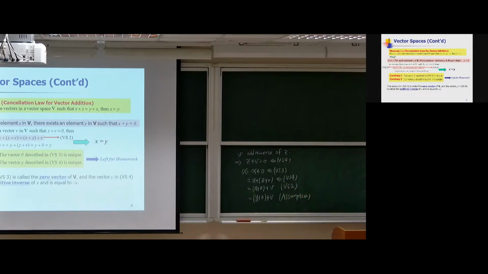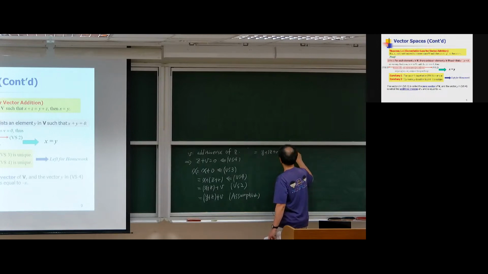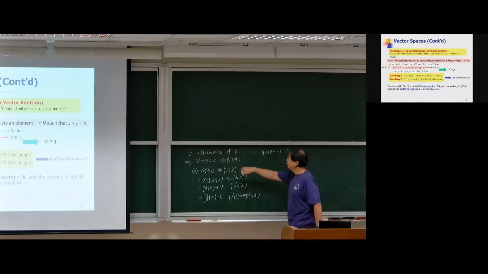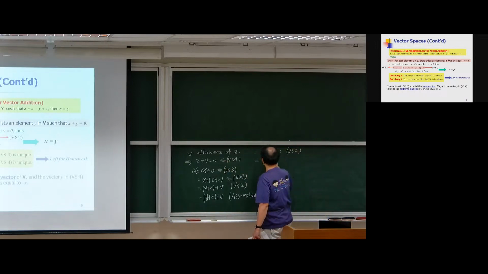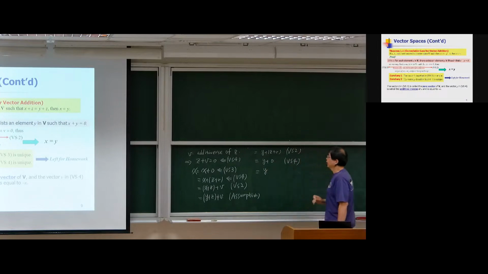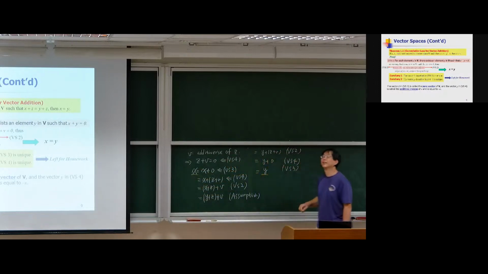Then we can apply the associative law again. Then we have y plus (z plus v). That is VS2. Then we know z plus v equals 0. That's from VS4. And then we have the result equals y. That is from VS3. So then we have x equals y.